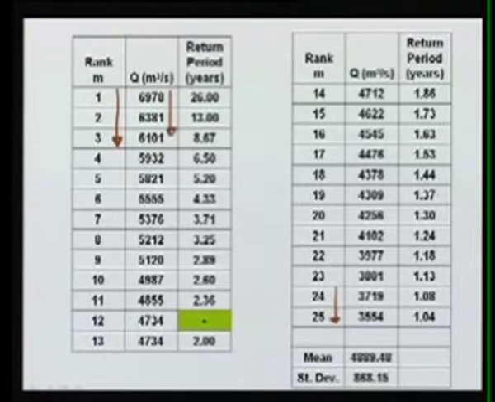Q is arranged in the decreasing order, and here you will notice these two values 47, 34 are the same. So the first value is not assigned any return period. In this case n is 25 because we have 25 years of data.